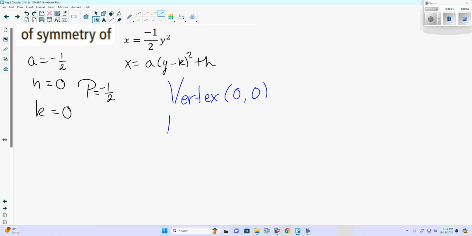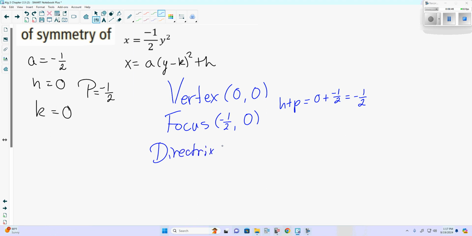Focus. Now we're talking about x equals, so it's h plus p comma k, so the k would be 0. We do need to figure out the h plus p, so that'd be 0 plus negative 1/2, which is negative 1/2.